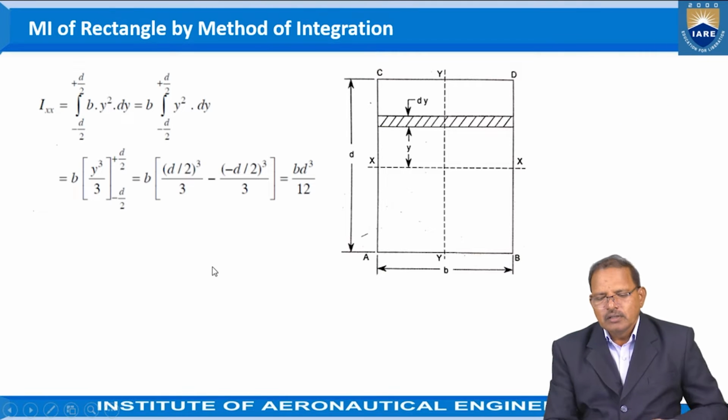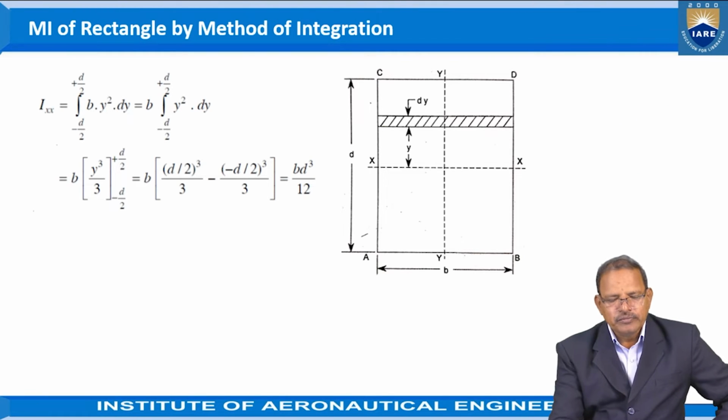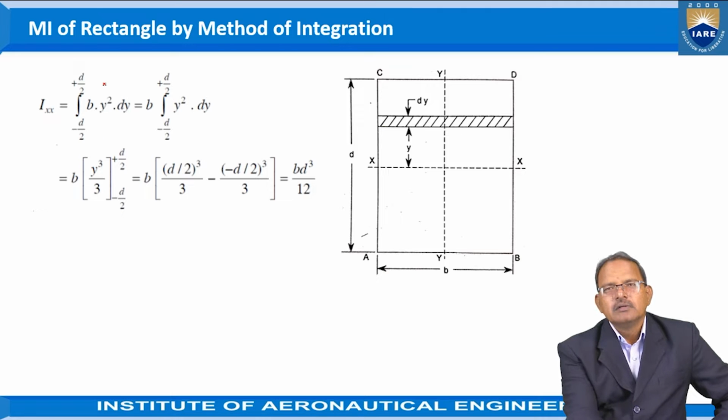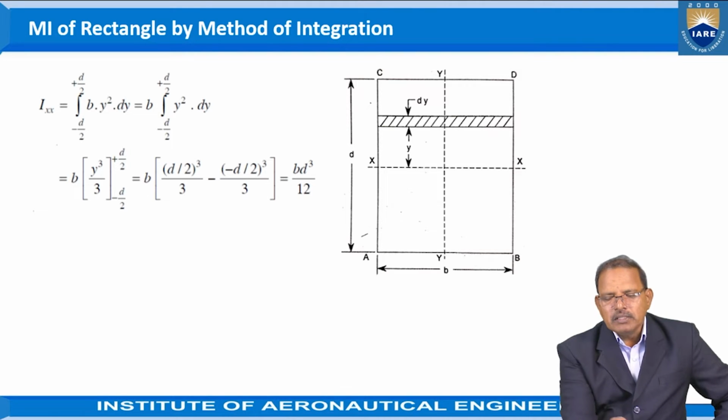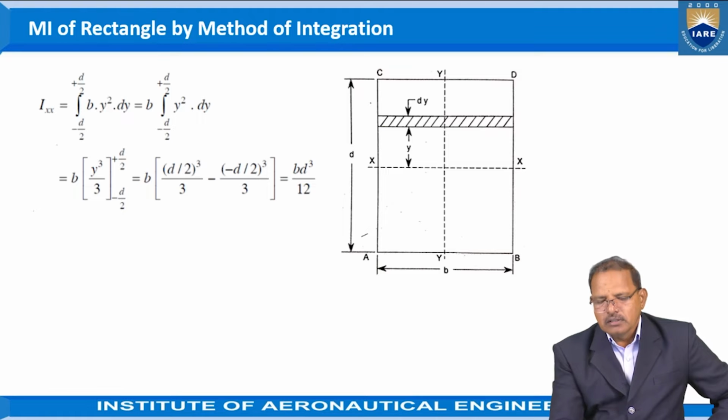That is, Ixx is equal to the integration from minus d by 2 to plus d by 2 of b into y square dy, where b represents the breadth of the rectangle, which is always constant.